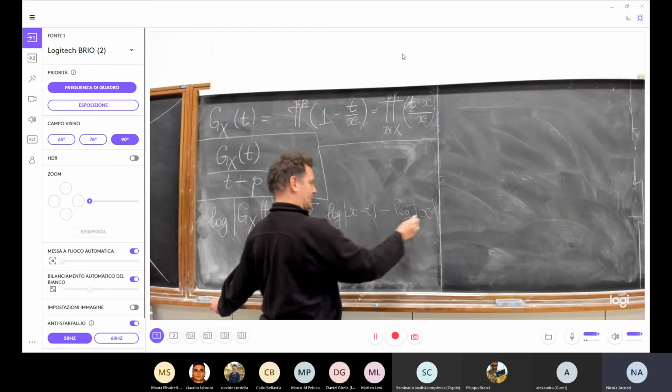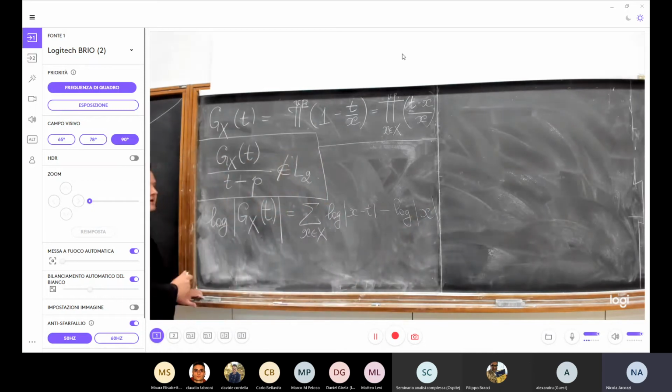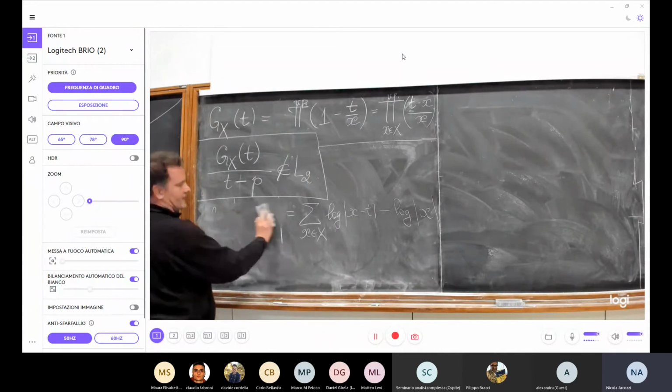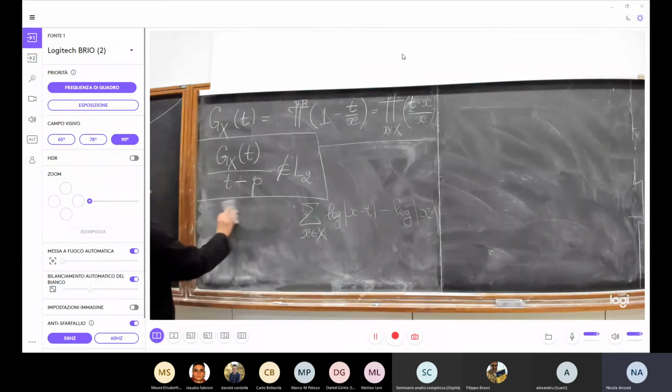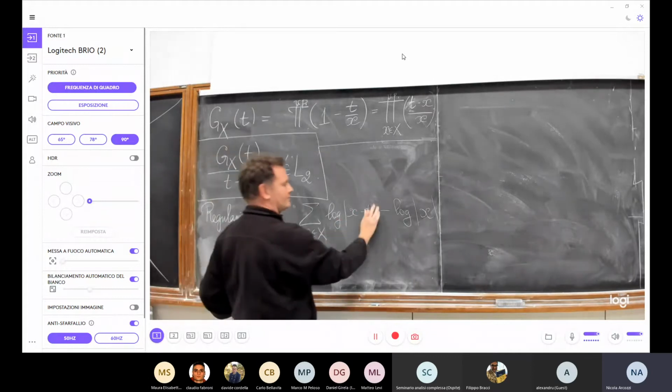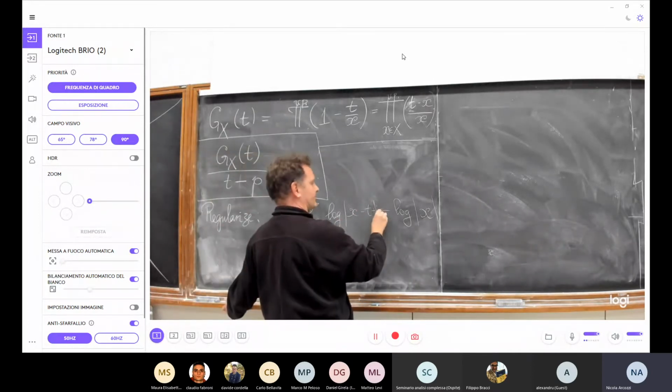So for normalization, it will be convenient for me to consider not this sum, but a regularized sum. So regularize and consider the sum where I put plus i epsilon here and plus i epsilon here.